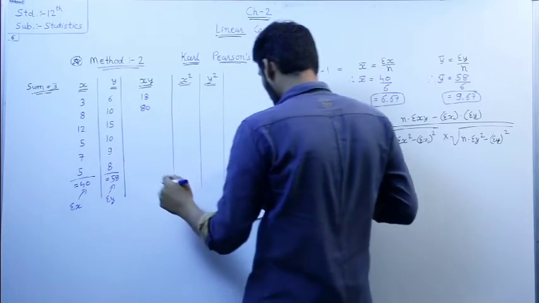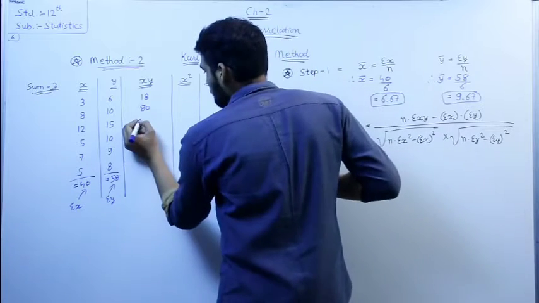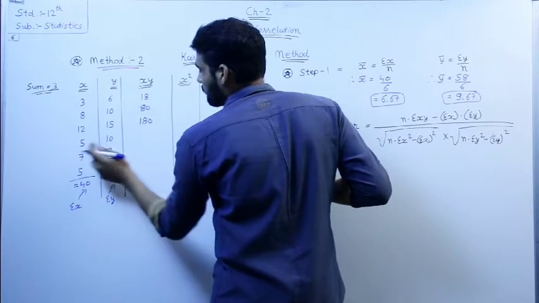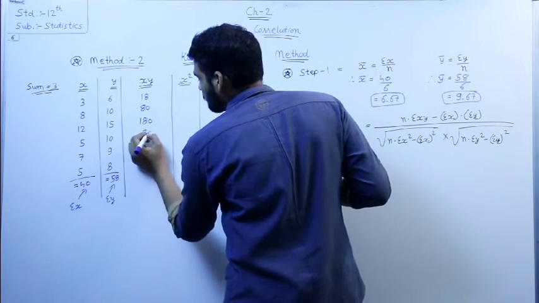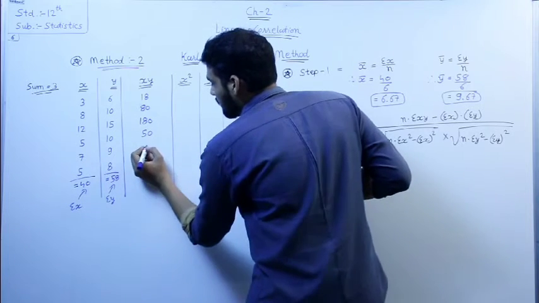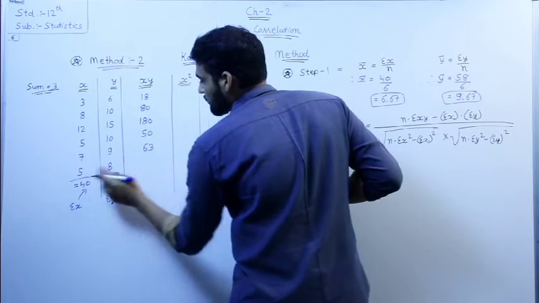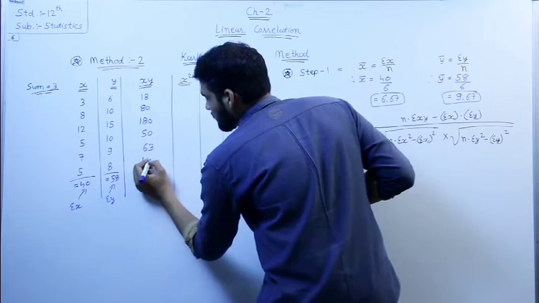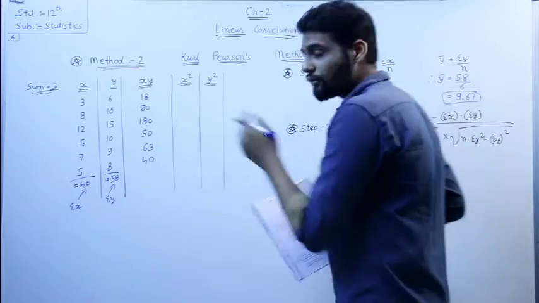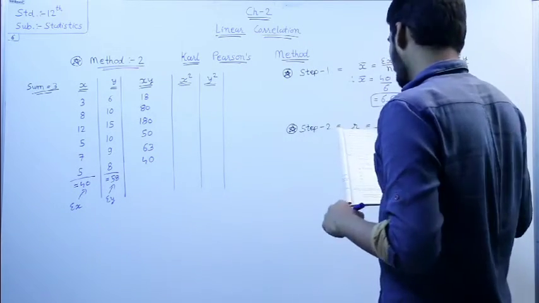Then 12 multiplied by 15 is 180. 5 multiplied by 10 is 50. 7 multiplied by 9 is 63. 5 multiplied by 8 is 40. Okay students, this is how to find the xy column.